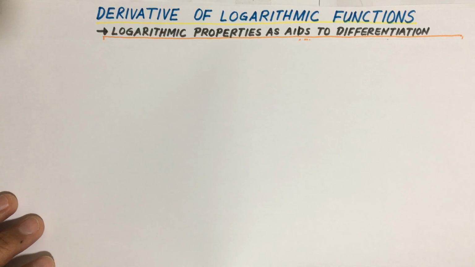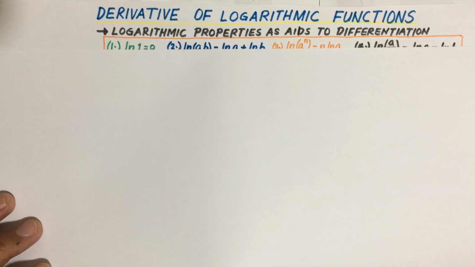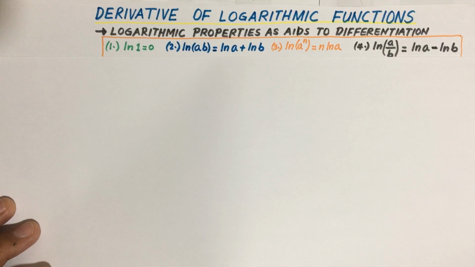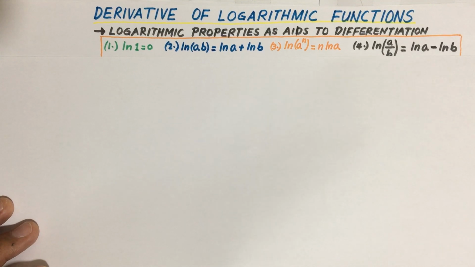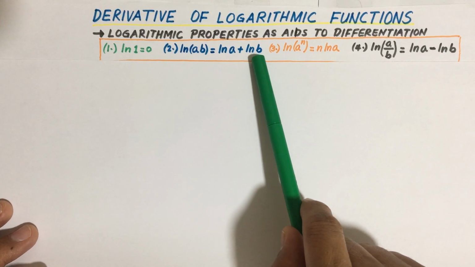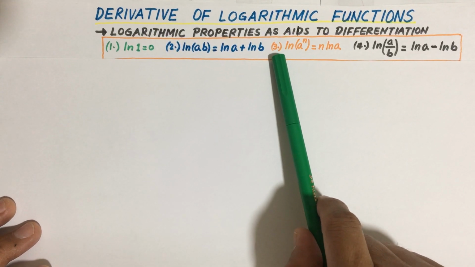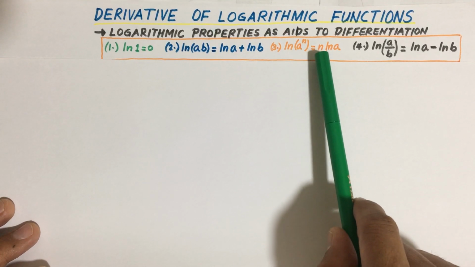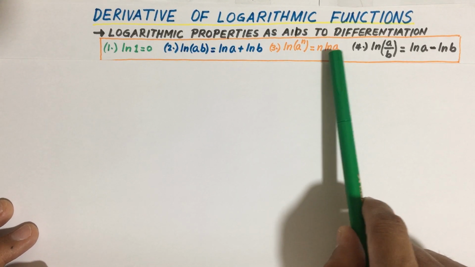Alright, so just to recall about the properties, we have here ln of 1 equal to 0. Second property is ln of the product of a and b. So this is just the sum of the two ln, ln a plus ln b. And we have here the third property, ln of a to the n, that is equal to n times ln a.